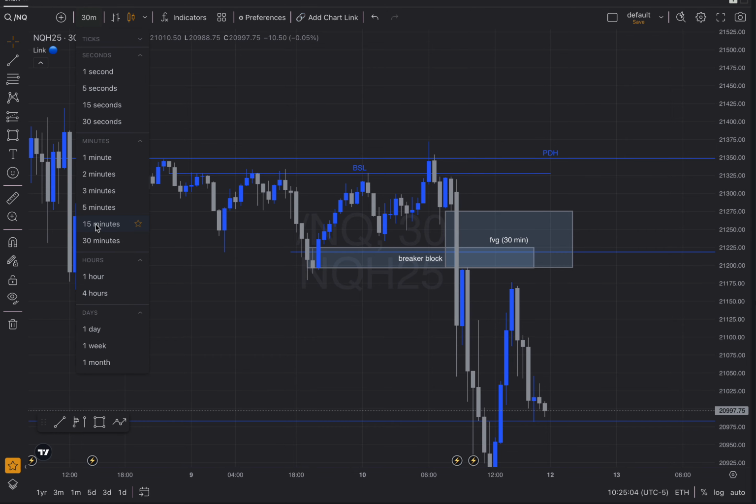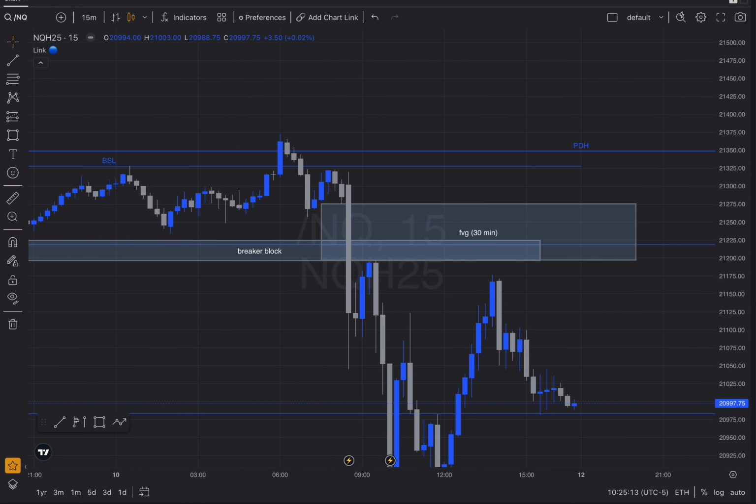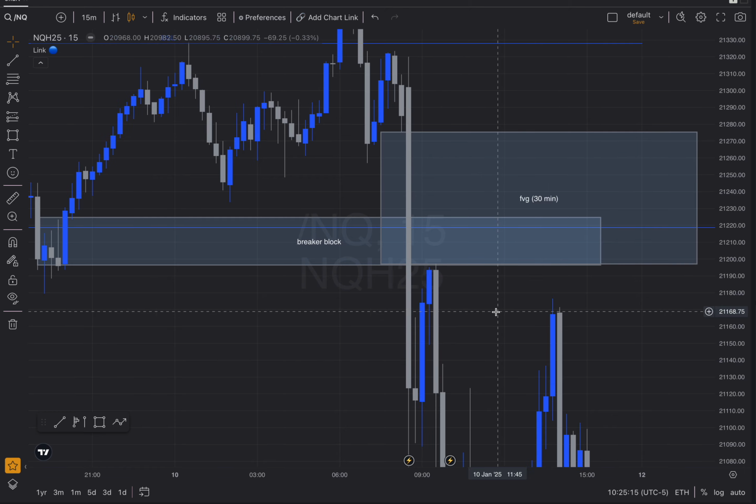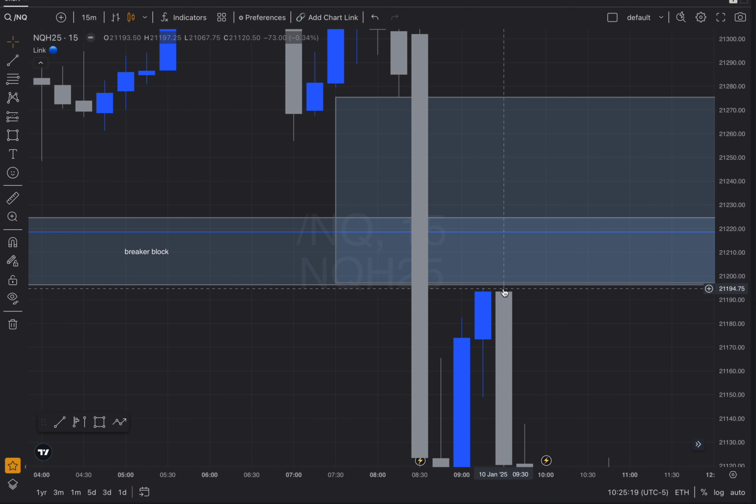So price came directly up at 9:30, tapped into this breaker block fair value gap level. If we zoom in, you can see it a little bit closer. Wicked and dropped down.